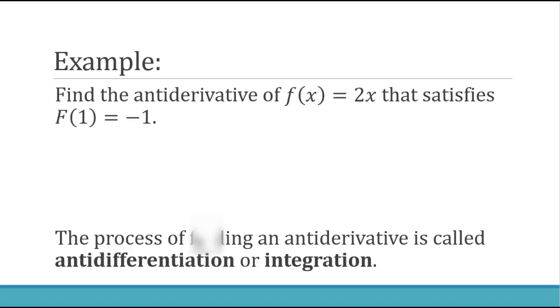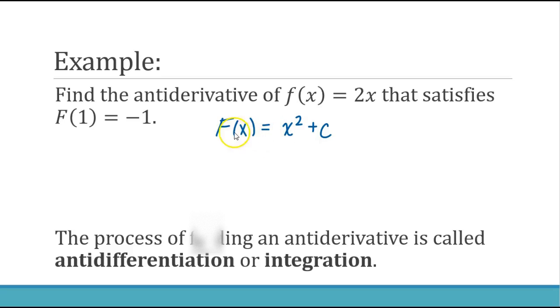In this next example, we're going to do something slightly different. We're going to find the antiderivative of f of x equals 2x that satisfies big F of 1 equals negative 1. So what we know is that the general antiderivative, big F of x, is x squared plus c.